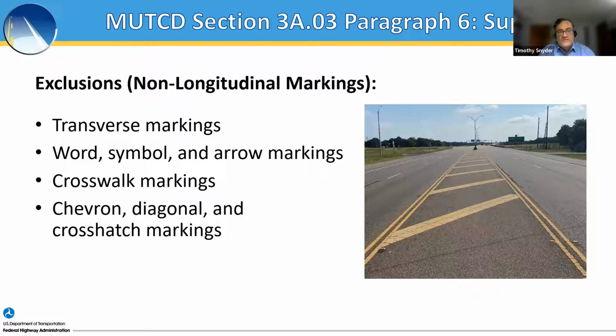Like I said, the research that they used to develop the 50 millicandelas as a threshold was focused only on longitudinal lines. So they didn't have research that gave them thresholds of acceptable retroreflectivities for other types of line markings. And so I think they didn't want to include anything that was not backed up and validated by research and documentation.